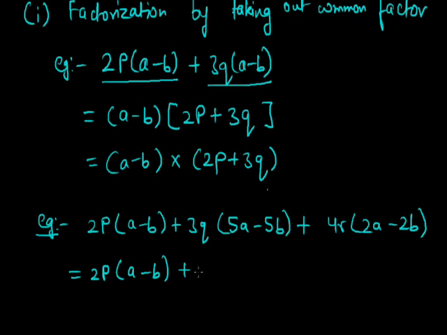Now if you see, between 5a and 5b, the common term is 5. So if we take 5 outside this bracket, it will become 15q into a minus b, and plus, in the same way, in the third term 2a and 2b, 2 is a common term. So if we take 2 outside the bracket, it will become 8r into a minus b.